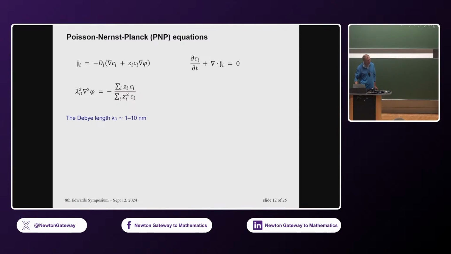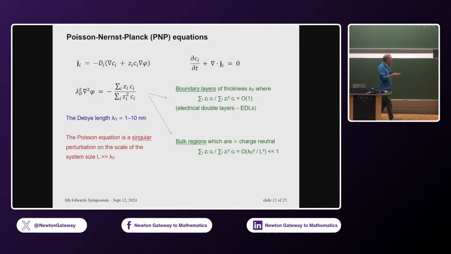Now the point is the Debye length is very, very short compared to our typical system size. What that means is this equation is essentially a singular perturbation, or a singular contribution to the equation set. So in that sense, you'd expect boundary layers of thickness of the Debye length where the space charge is violated to order 1.